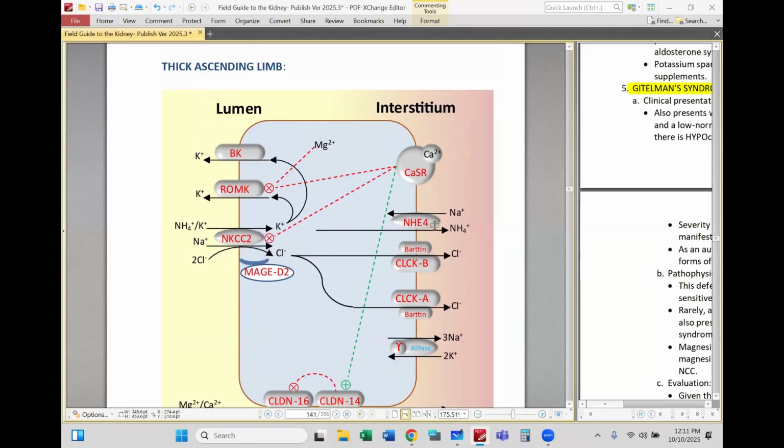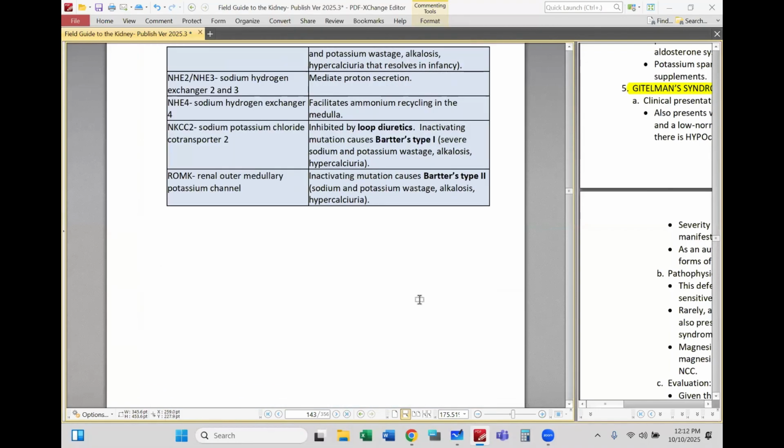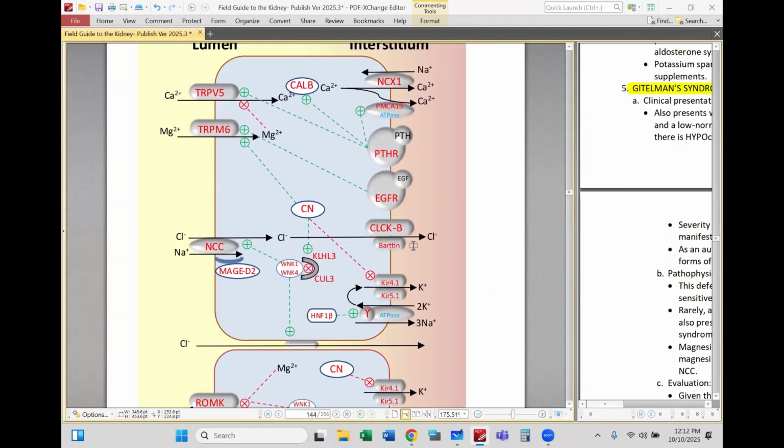We reviewed how a Barttin mutation can cause hearing loss plus the renal K wasting in Barter syndrome. He did not have a Barttin mutation. He ended up having a mutation in only one of the two relevant chloride channels, and that can manifest primarily as a Gittleman syndrome, as you can see here, okay?